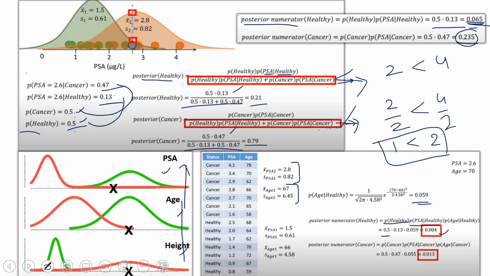Probability of PSA given healthy, we have calculated this, 0.13. Similarly, you calculate the same thing for age for healthy only. You follow the same approach, calculate for age as an independent variable, multiply everything and compare and assign that to a particular data point.